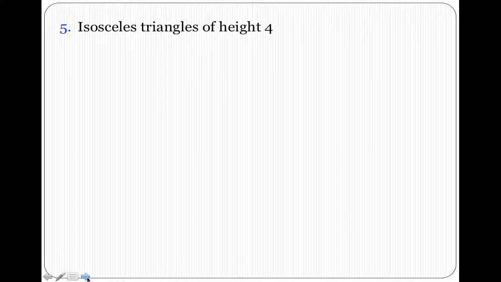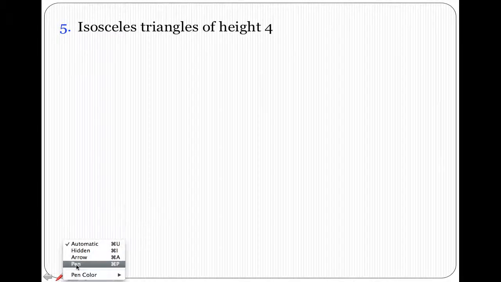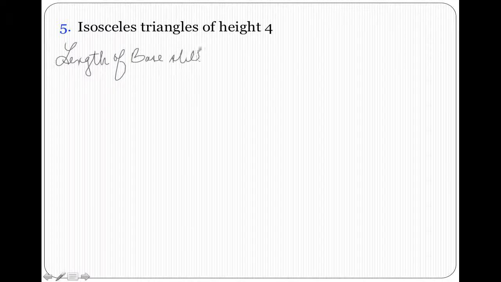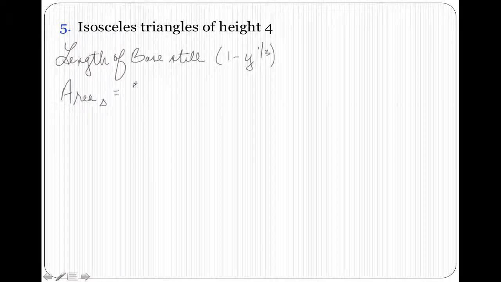All right, the next ones are going to be isosceles triangles of height 4. Now, the length of the base is still the same. Now if we're talking isosceles triangles of height 4, remember area of a triangle, 1/2 base times height.